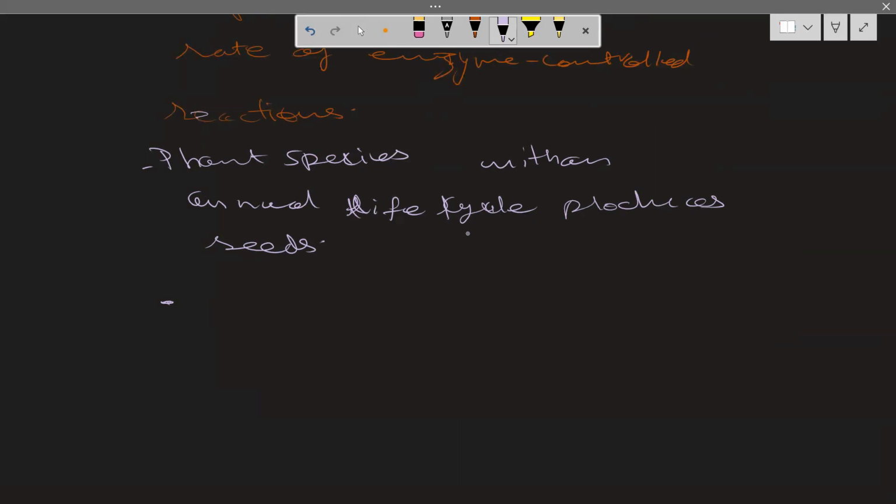These seeds are just waiting for the conditions to become suitable for them to grow. They move with water, with air. They do this spreading thing.